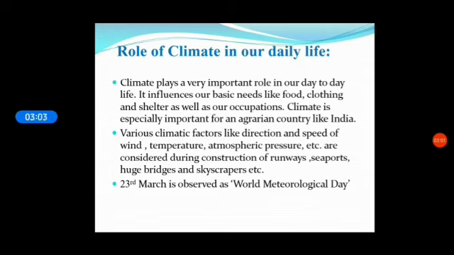During construction of runways, seaports, huge bridges and skyscrapers, etc., various climatic factors like direction and speed of wind, temperature, atmospheric pressure, etc., are taken into consideration. 23rd March is observed as World Meteorological Day.